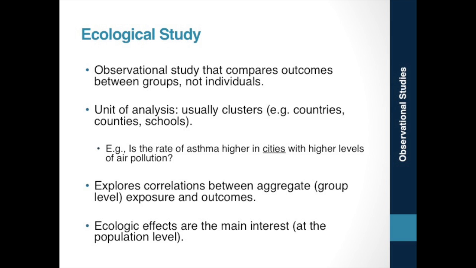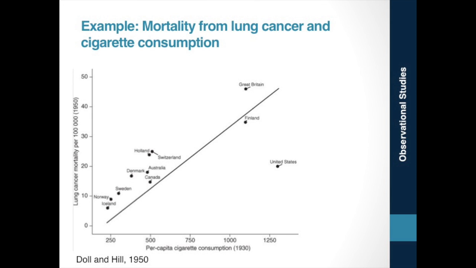You can identify ecological studies in the literature by the fact that they use the average exposure for a population and population level outcome data. Now, here we can see some aggregate level data from a study by Doll and Hill in the 50s about cigarette consumption and lung cancer mortality in 11 European countries.